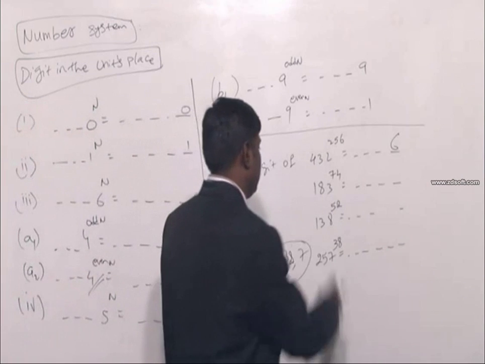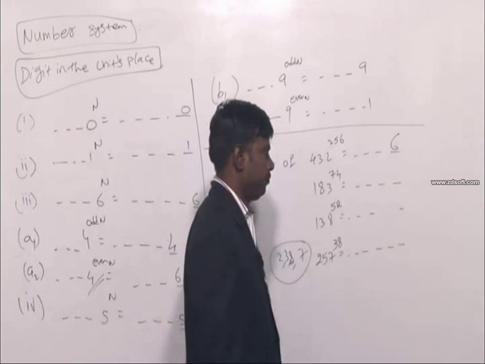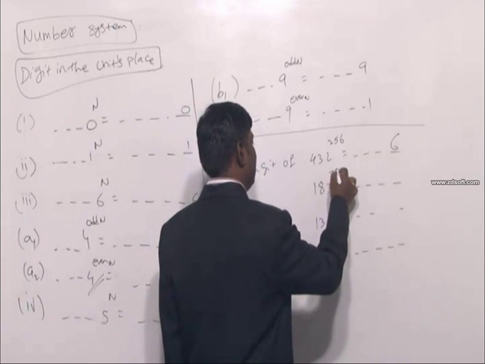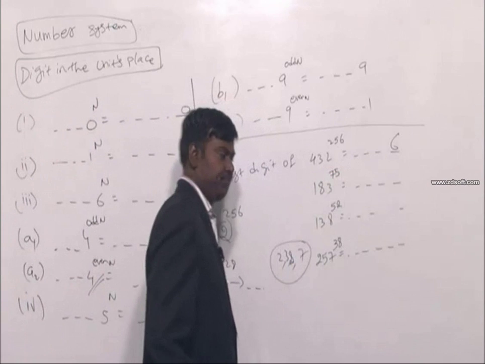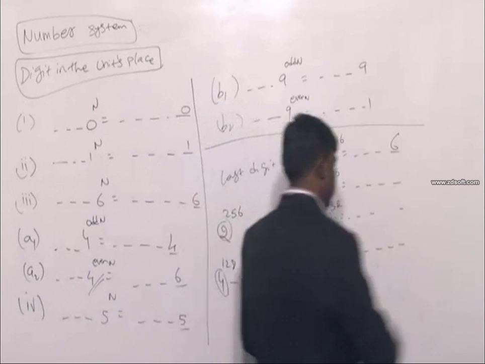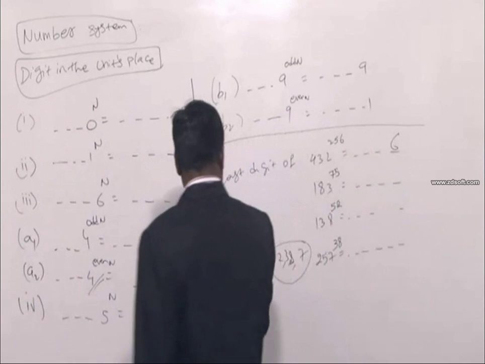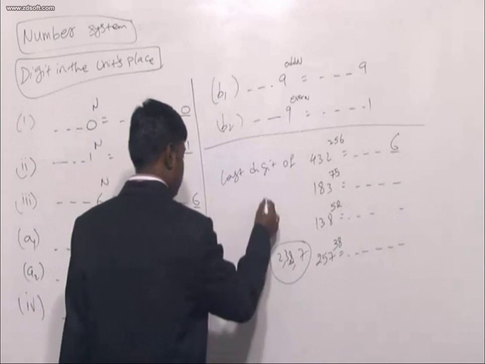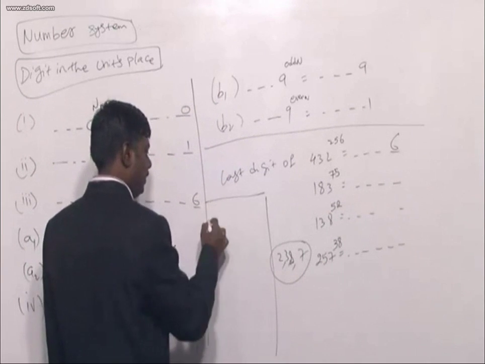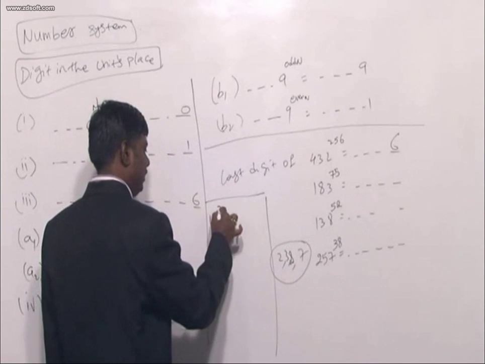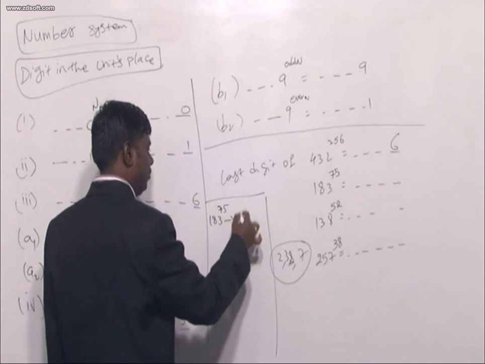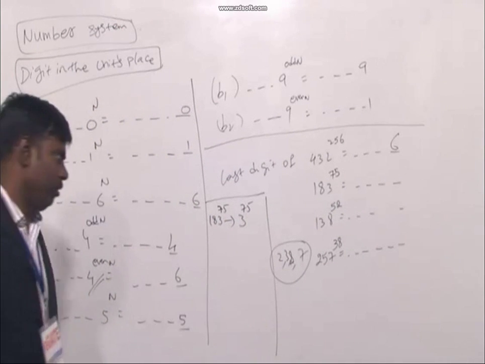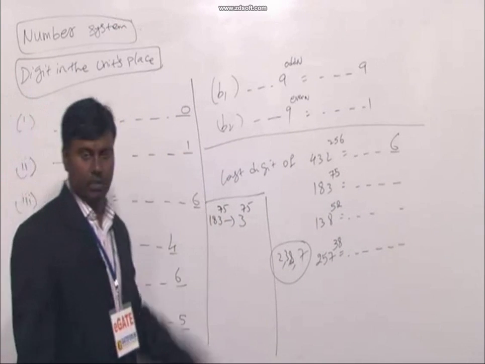Next, 183 power 74. For change, let us consider 75, right? 183 power 75, we will consider 3 power 75, right? Why not take help of 9? Because 3 square is 9.